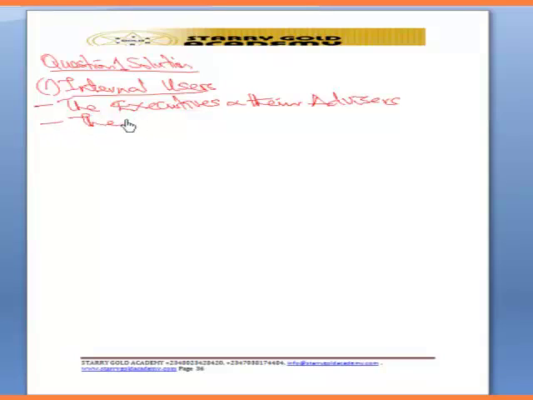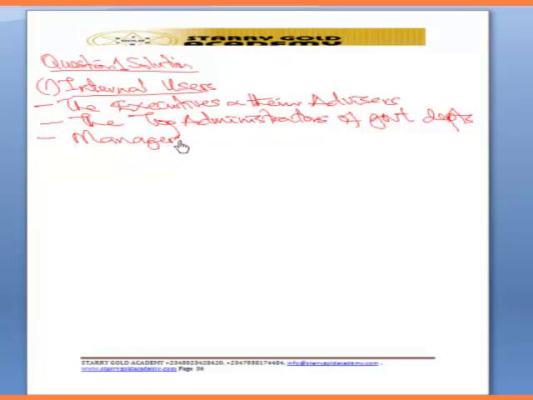We have the top administrators of government, top administrators of government departments. We have managers or directors of government units.